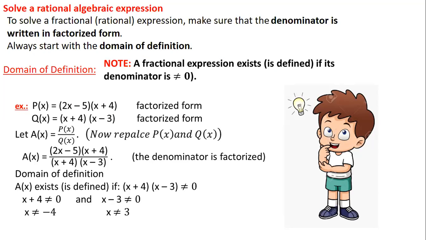I look at the denominator of a of x, I find it factorized. So now I can write the domain of definition: a of x exists or is defined if whatever we have in the denominator, (x plus 4)(x minus 3), is different from 0. So x should be different from minus 4, and x should be different from 3.